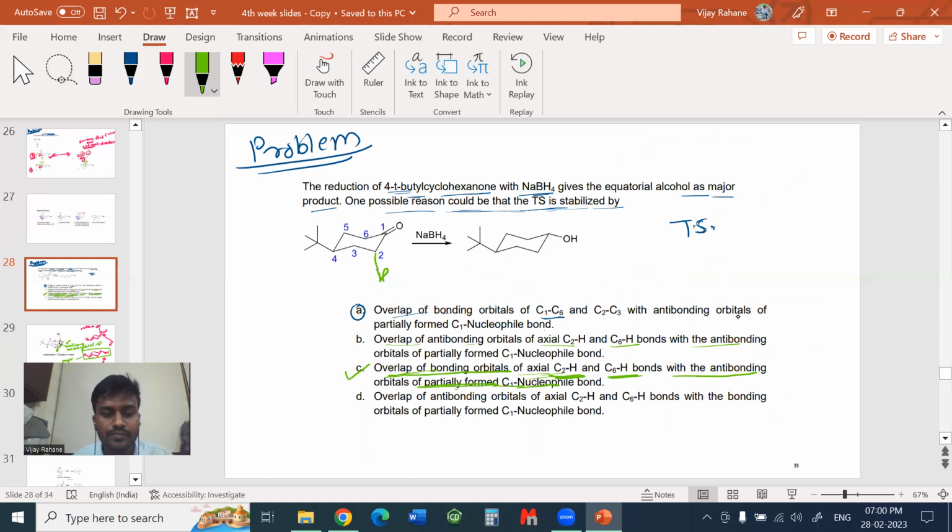These hydrogens, when the nucleophile attacks from this position, with this partially forming bond, there is an overlap and it provides some stabilization according to the Cieplak model. So this one is the reason for forming the equatorial OH as the major product.